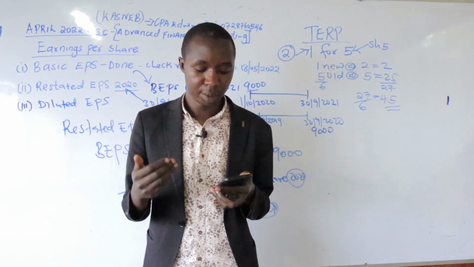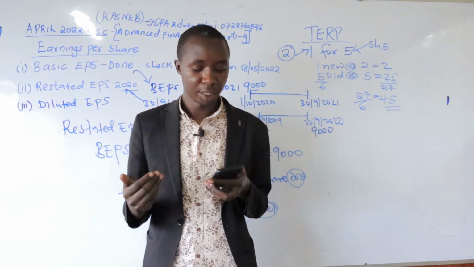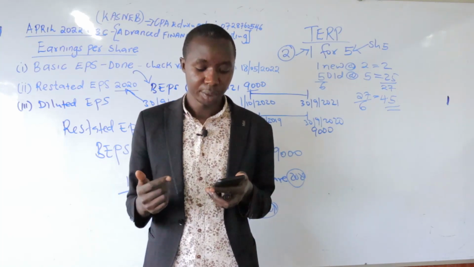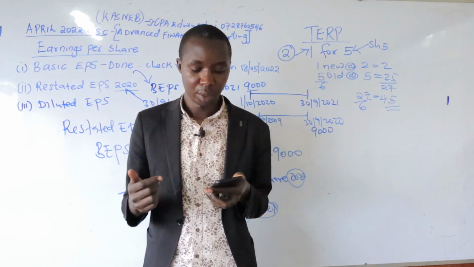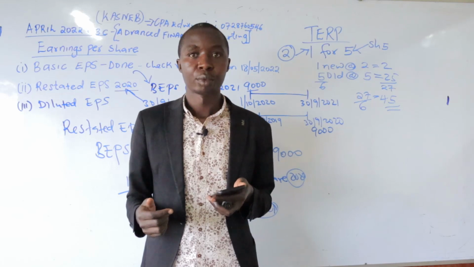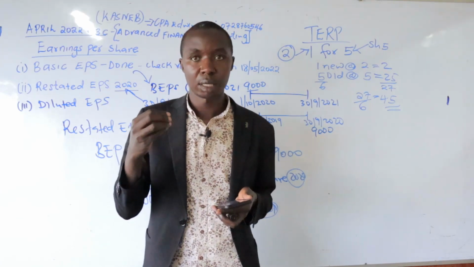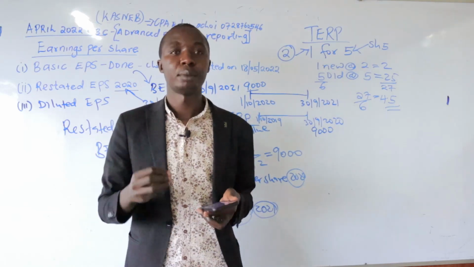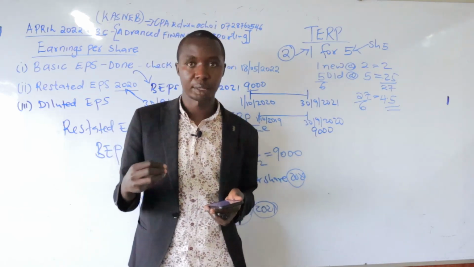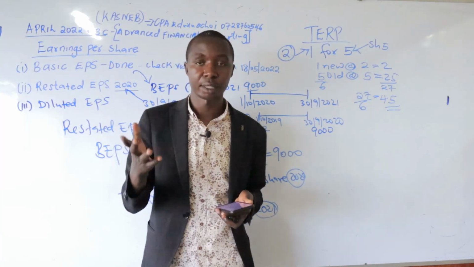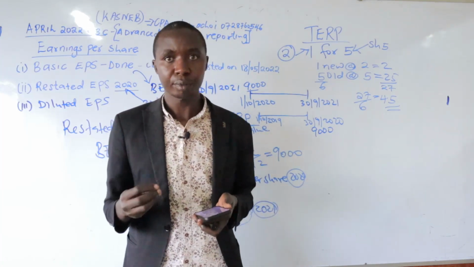If the exercise is carried out during the financial period, then in computing the basic EPS, all the shares issued on the exercise are included from the date of issue. But in our question, they were never exercised. That is why they never affected our basic EPS.